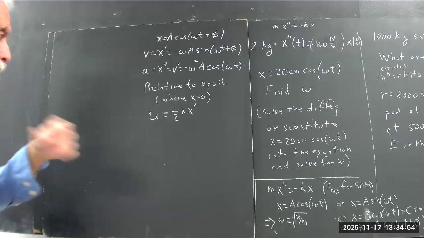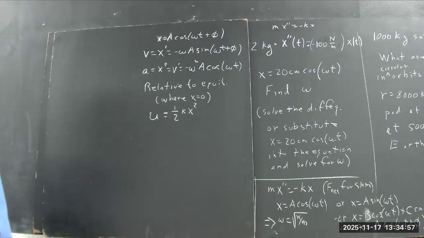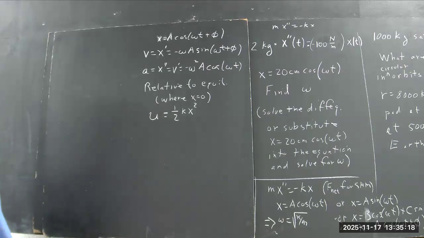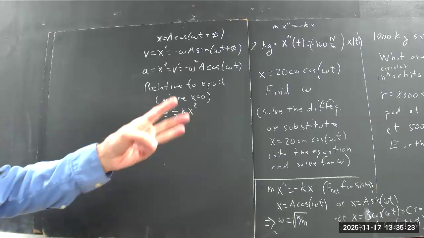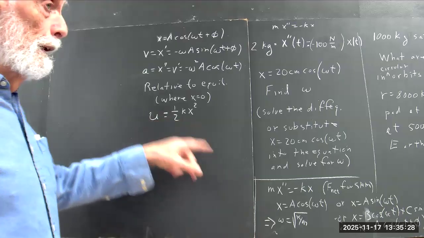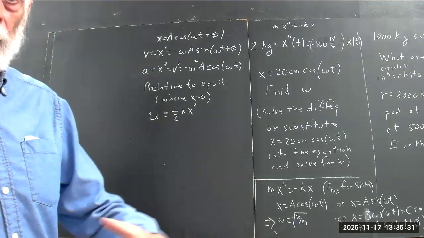Relative to the equilibrium position, the potential energy is one half kx squared. That's something you saw back in the chapter where we did a little bit with elasticity and so forth. It was the first potential energy formula that differed from mgh in your text. So right now we have three different potential energy formulas. We have one half kx squared, that's for a spring or pendulum.